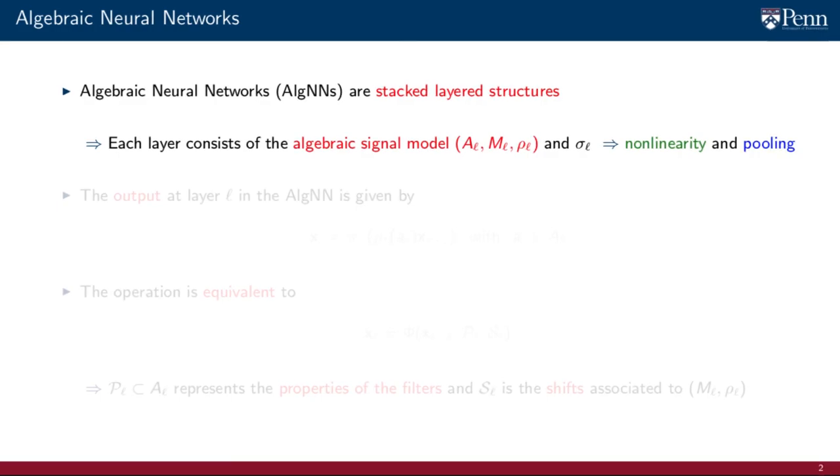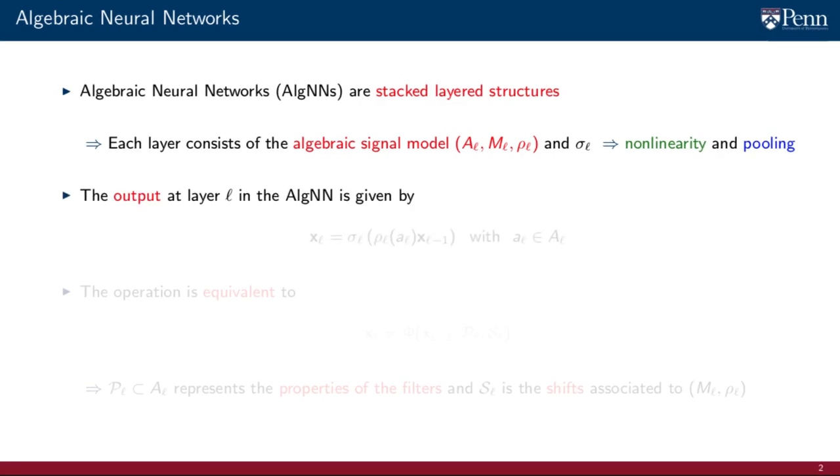Each layer consists of the algebraic signal model A sub L, M sub L, rho sub L, and the map sigma sub L that is a composition of a nonlinearity operator and a pooling operator. Like in any ASP model, the pair M sub L and rho sub L is a representation of A sub L. The mapping between layers is performed by sigma sub L.